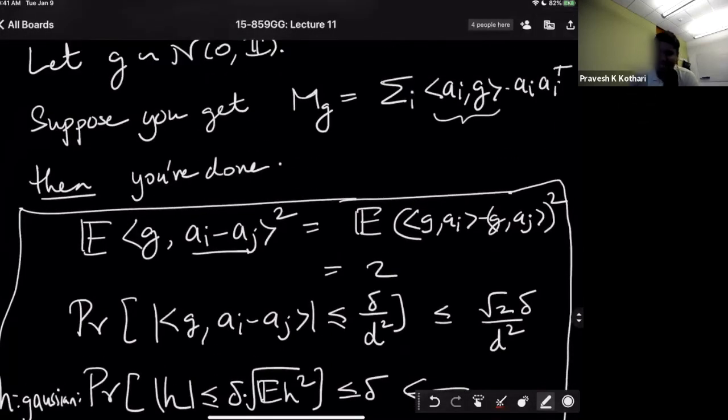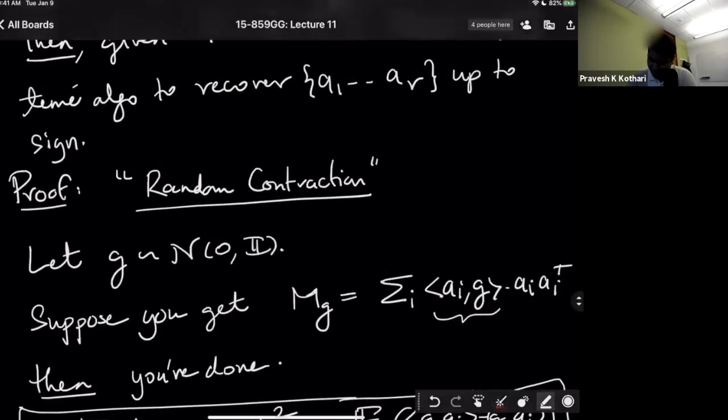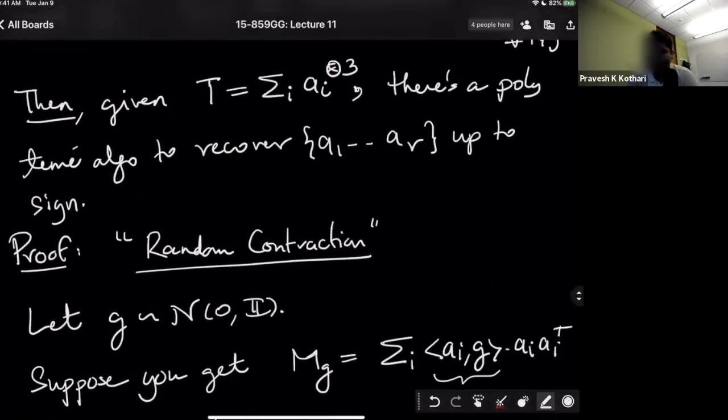So the question is, can I get access to this matrix, right? So let's ask that trick question now. Can I compute M sub g given the tensor T? Or how can I compute M sub g given the tensor T?